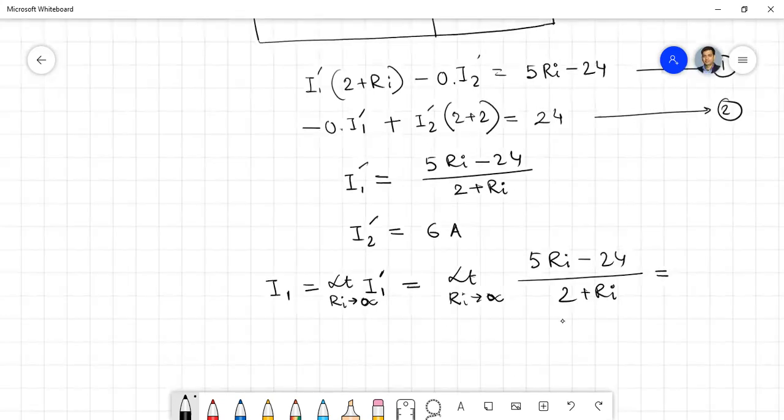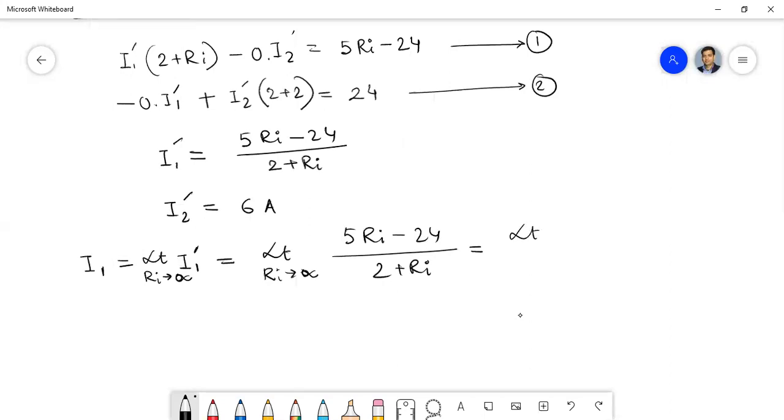And if we want to put this infinite, then what you have to do? So it will be 5 divided by 2 by Ri plus 1. This is one term.